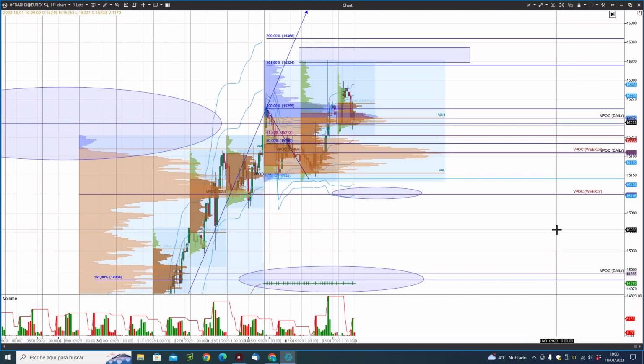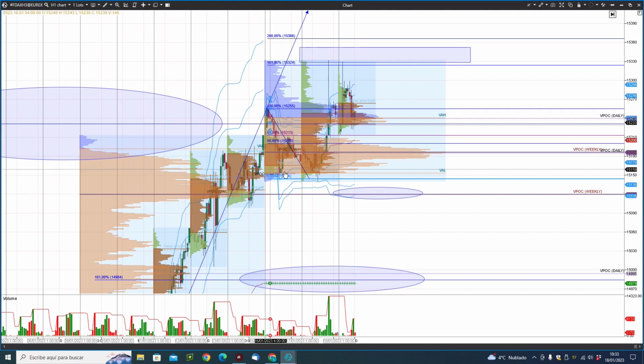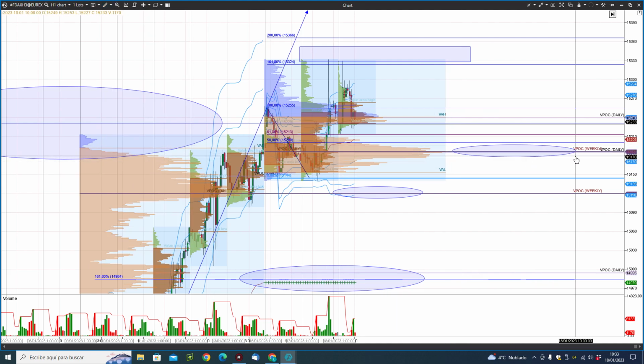What are the lower targets? In first place, the most important will be this point, the current weekly VPOC, and there is a naked daily VPOC. So 15,187 is a very clear target for lower prices.